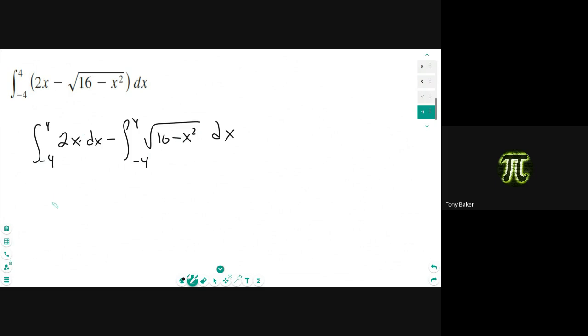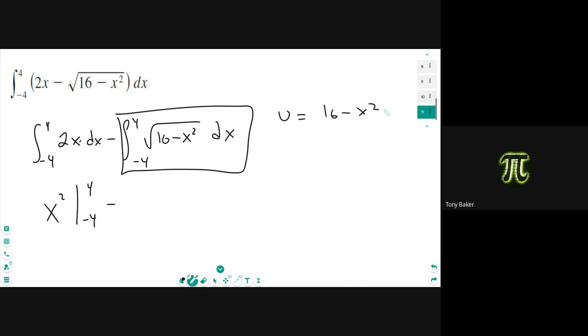That's just going to end up being x squared. This, on the other hand, we run into that problem. When I make u the 16 minus x squared, du still has a 2x in there. And I have no way to get rid of the 2x. So this problem right here, you can't do.